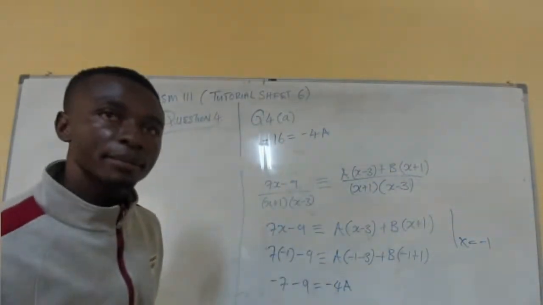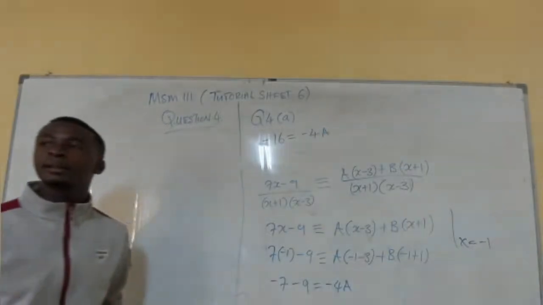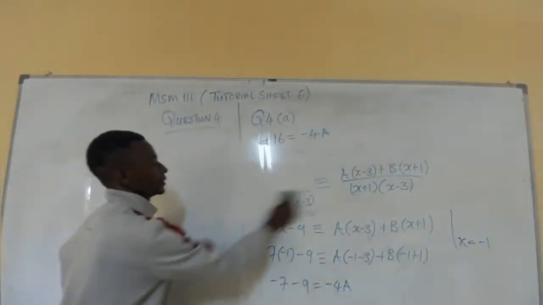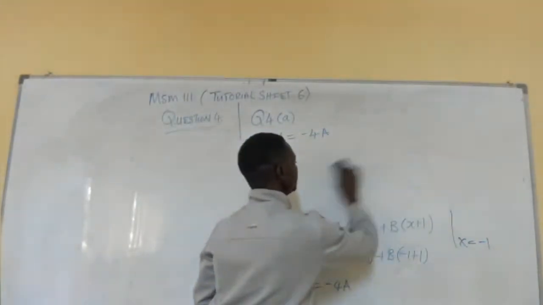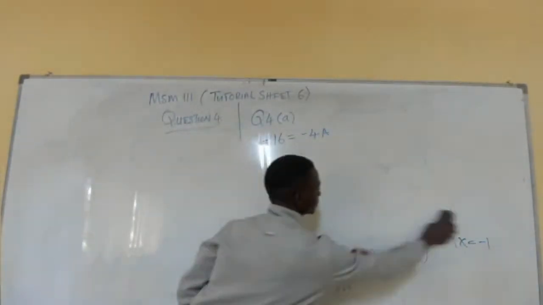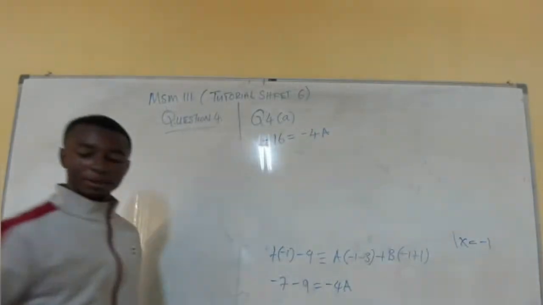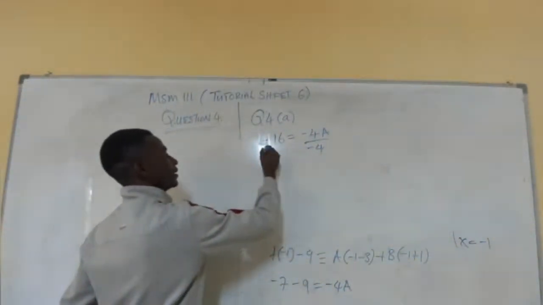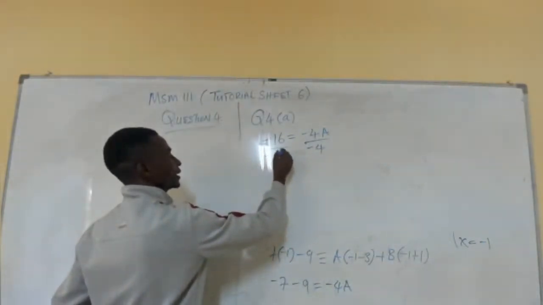So there our aim is to find the value of a. So what are we going to do? You say over negative 4, over negative 4.